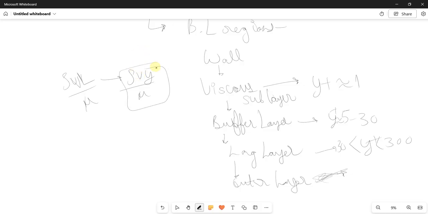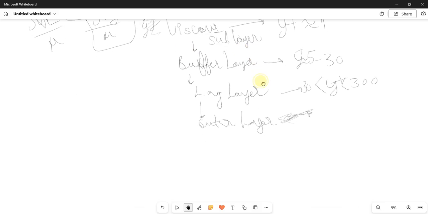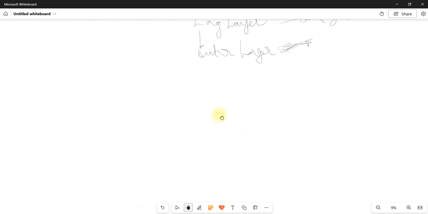That gives you your y plus. These are the different sublayers that we divided into, and they have uses, but we will not cover that in this. Just need to know for now. So y plus is a very important parameter that we had talked about before.